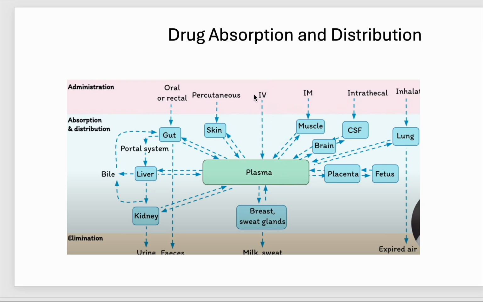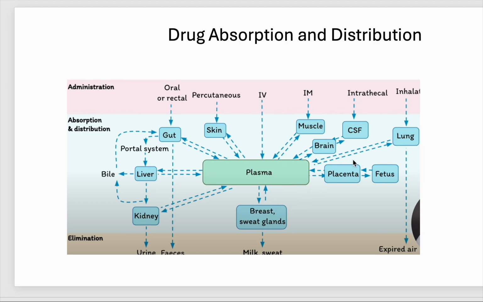In case of intravenous administration, it directly goes to the plasma, and from plasma to various other parts, like the kidney, liver, its site of action, everywhere. In case of intramuscular, you can see it goes to muscle and then plasma, from plasma to liver, most of the time directly to kidney and different other parts.